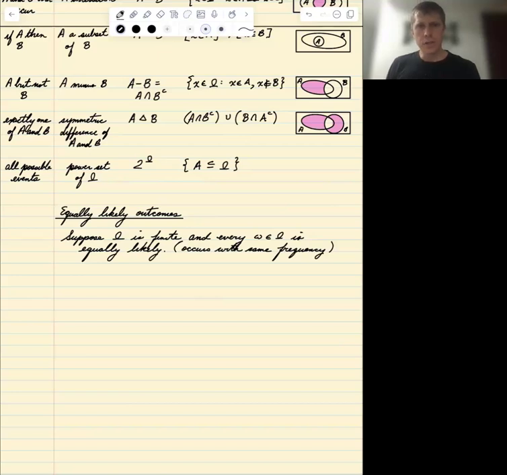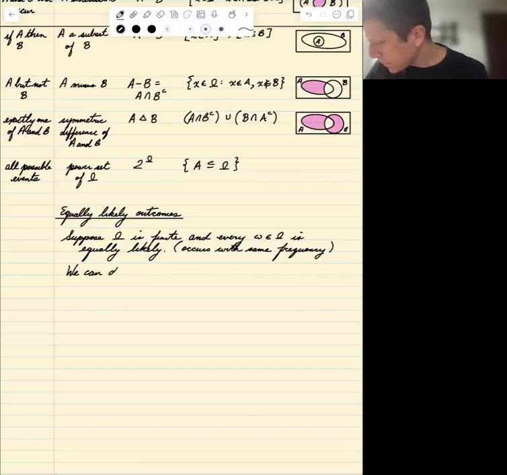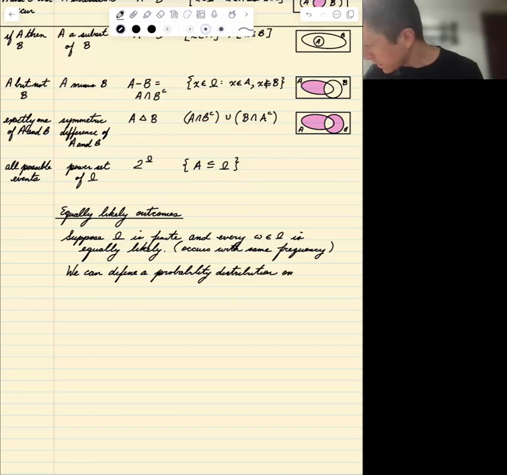Then we can define a probability distribution on omega that we call the discrete uniform distribution.